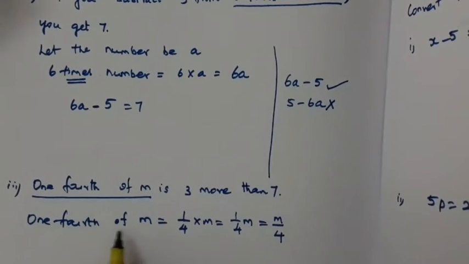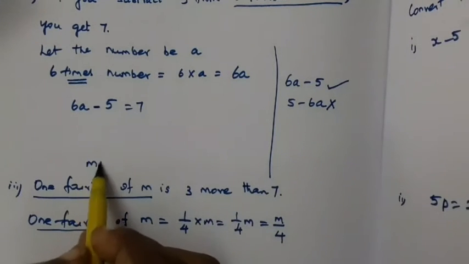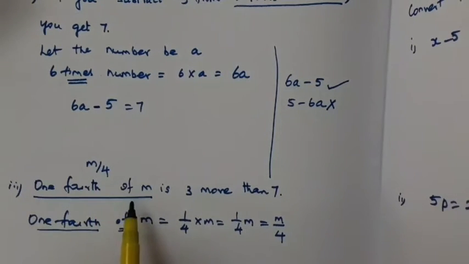This is called 1/4 of m, where instead of 1/4, I have to write 1 divided by 4. Of means multiply, multiplied by m. So m multiplied by 1 is m divided by 4. So here given is this is 1/4 of m.